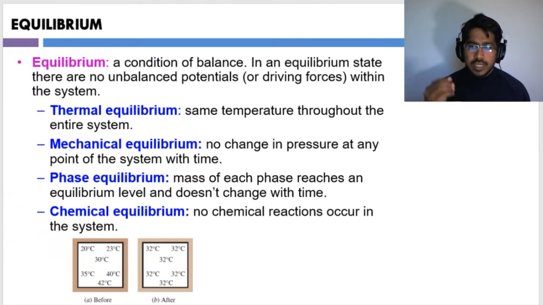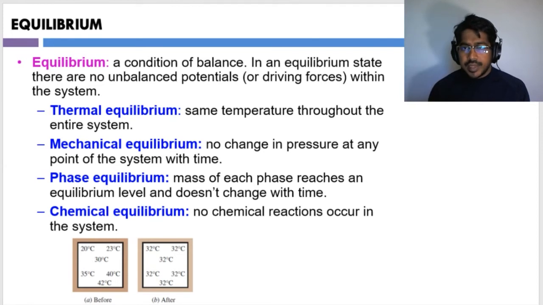So we know this physical equilibrium, the force balance. We'll see what other useful equilibrium definitions we need to know in this course. The first one is thermal equilibrium: same temperature throughout the system. If a system is in thermal equilibrium, it should have the same temperature throughout.